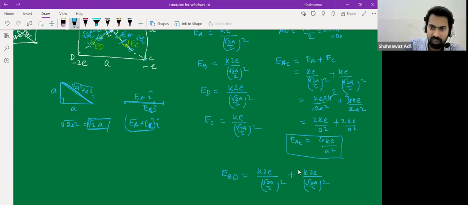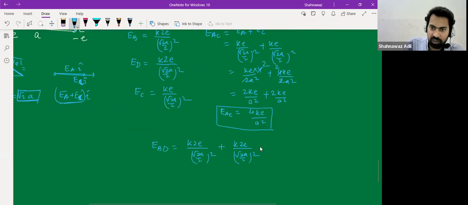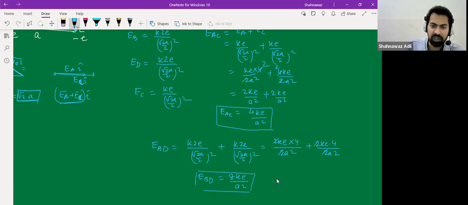So this would simply be 2KE into 4 by 2A square, and then again 2KE into 4 by 2A square. So 2 cancels, and we have 8. EBD is how much? This is 8KE by A square. Right, this is BD.